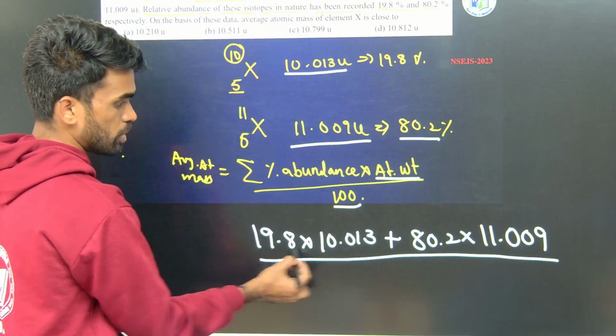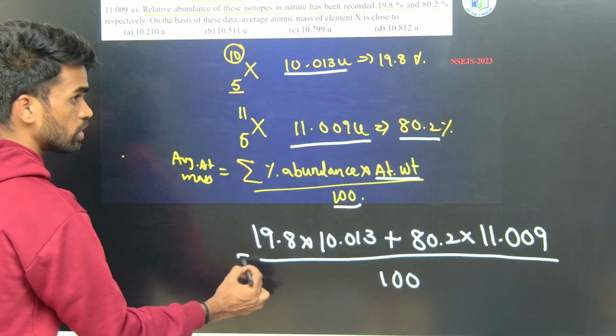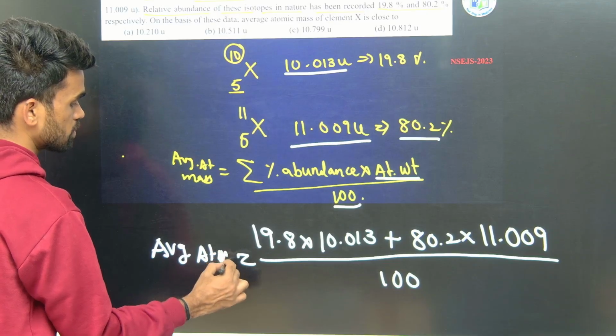So 19.8 plus 80.2 is 100, so I am taking that in the denominator. So you are going to get the average atomic mass.